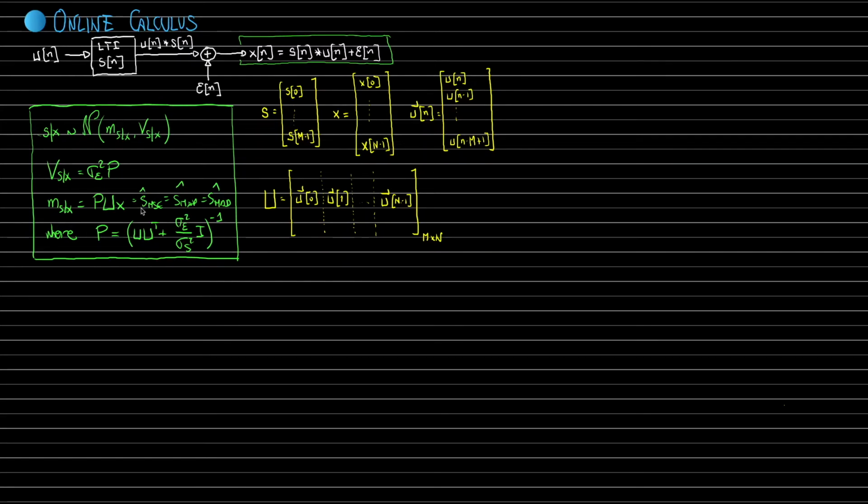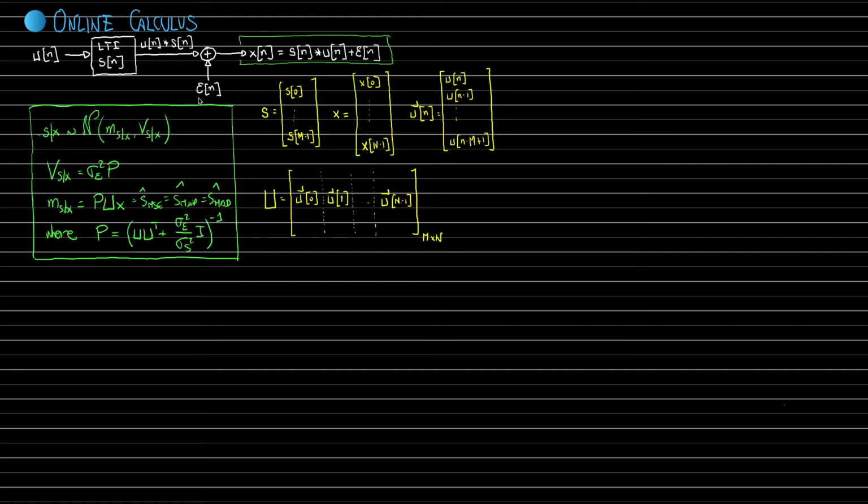The minimum mean square error estimate will be equal to the MAP estimate, given by P times U times X. This coincidence is caused by the Gaussianity of the posterior distribution, which is also a consequence of the Gaussianity of the noise.